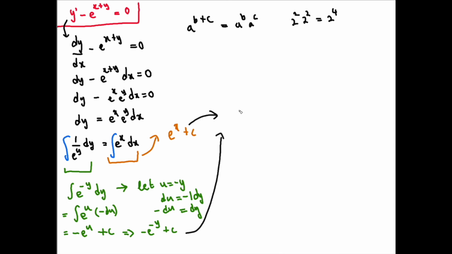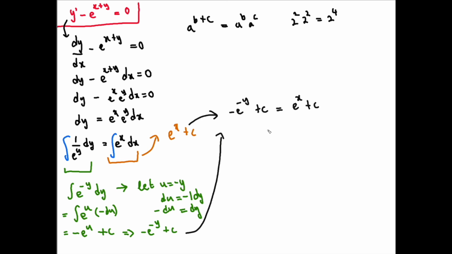We get minus e to the minus y plus c equals e to the x plus c. Now we're going to record this as just one c, because this is just the sum of two arbitrary constants, right? Sorry about the ambulance noises. I've had 3 ambulances in a row.